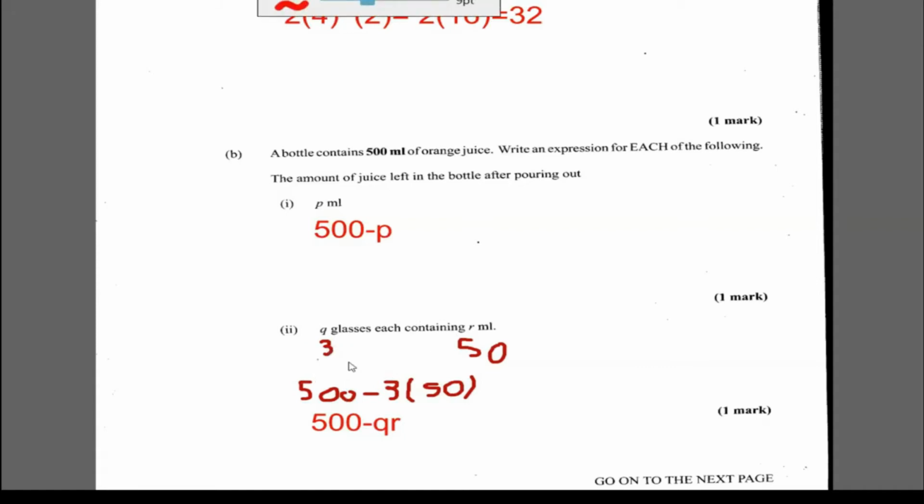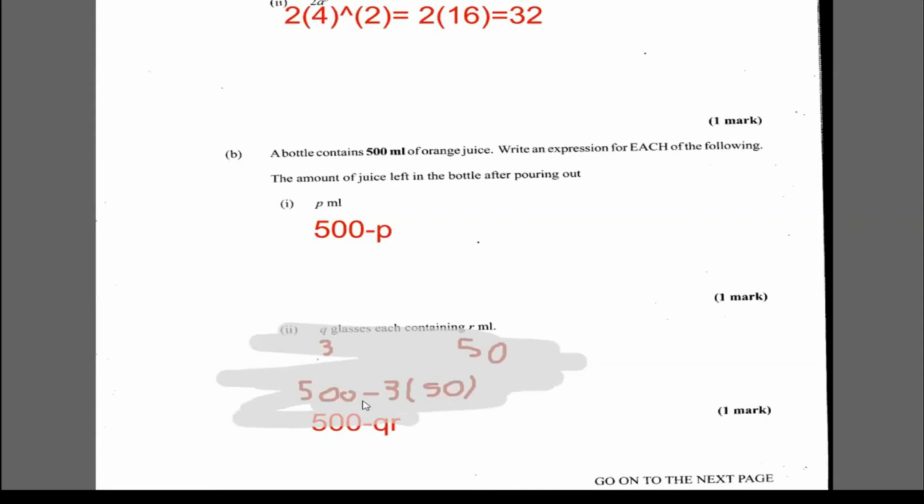We were just substituting. If it was 3 glasses with 50 milliliters each, you pour out 3 times 50, which is 150, and so you'd have 350 milliliters left. Now just substitute 3 and 50 back as Q and R. So it's 500 minus QR. That's the expression. Nice and easy.